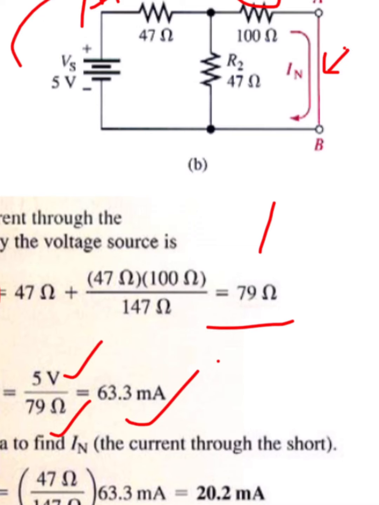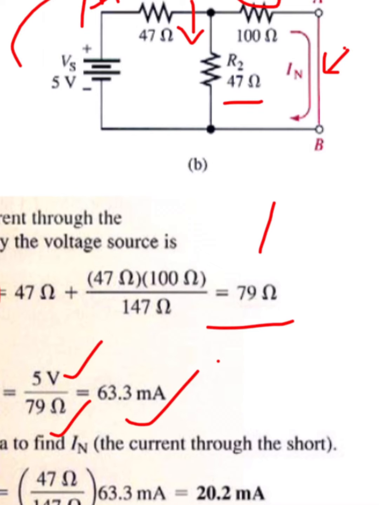One current will be going here and one current here. We have already discussed how the current is divided in parallel branches of resistors. So for calculating the current through this R3, it will be 47 upon total 100 plus 47, which means 47 divided by 147, into the total current.